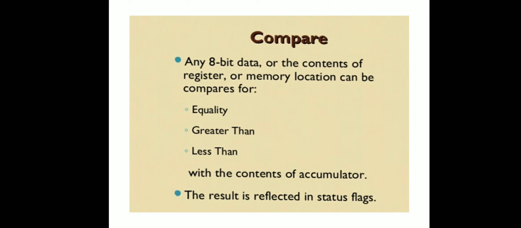Now, for the compare operation, any 8-bit data or the content of a register or memory location can be compared for equality, greater than or less than with the content of the accumulator. In this operation, the result is reflected in the status flag.